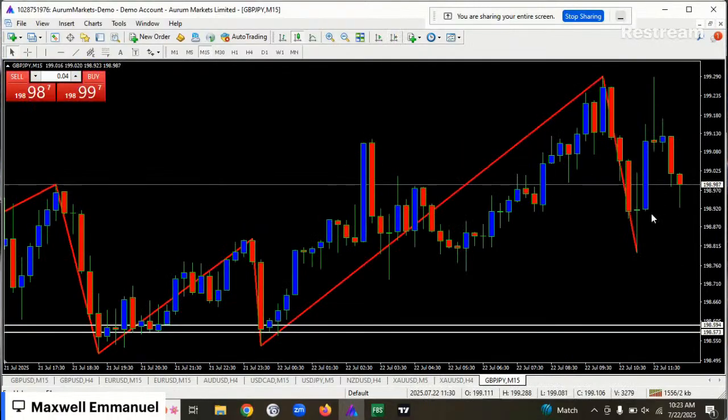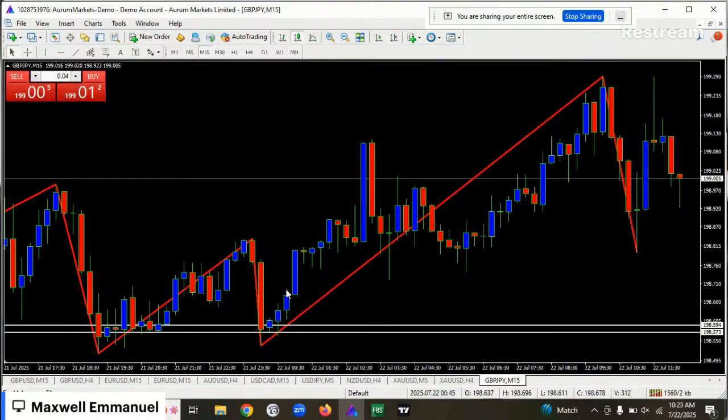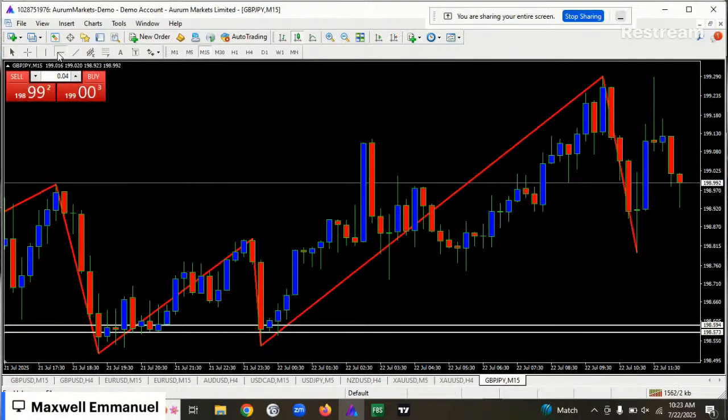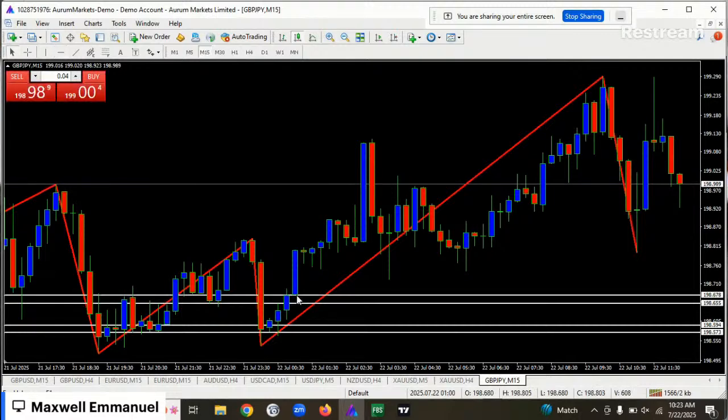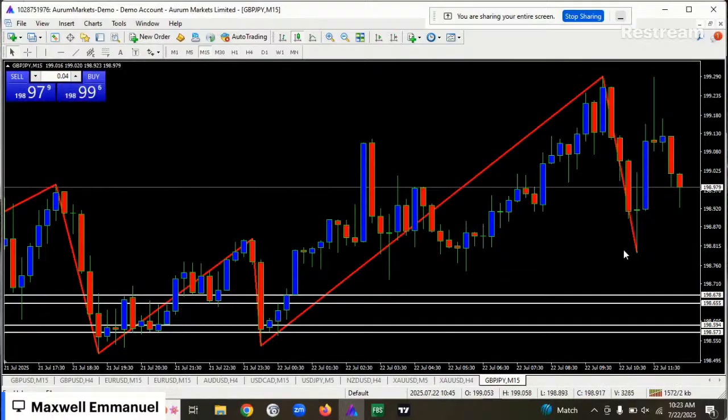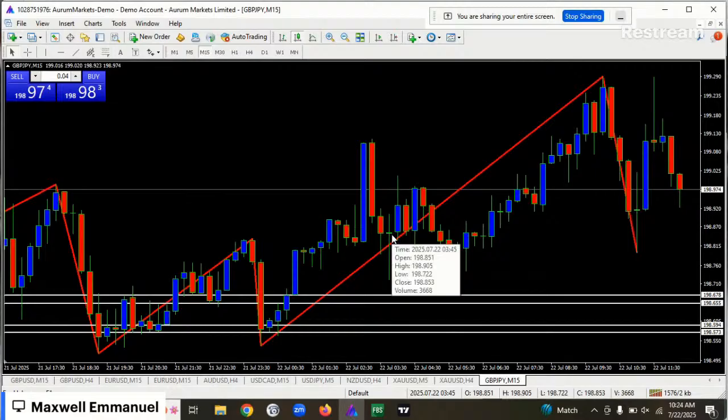On 15 minutes, we have this fair value gap here. I would advise you wait for price to come to this zone, because I believe stop losses are residing at these lows. They want to sweep these lows. They need to sweep the liquidity residing at this previous low. Most of the traders would have positioned themselves buying.